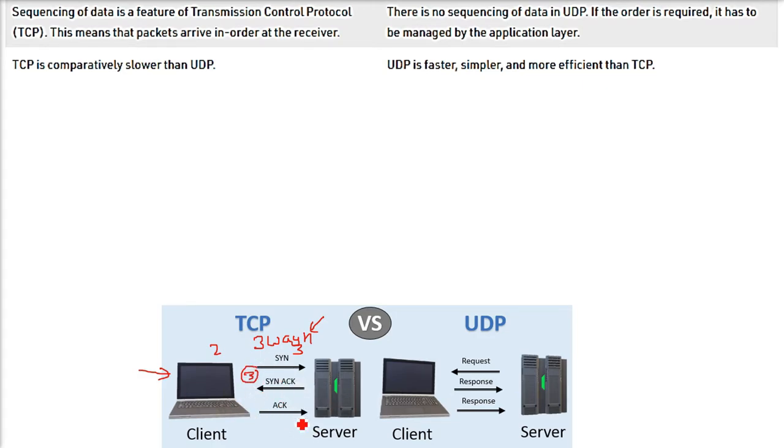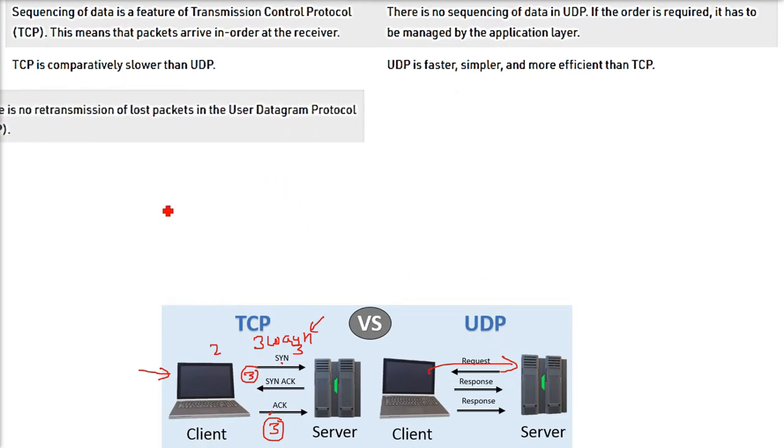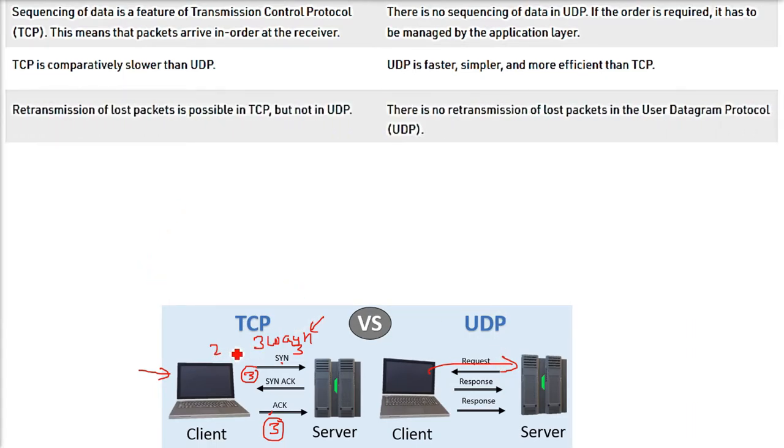That is why TCP is slower. Even if some packet is lost, it will want to retransmit it in TCP. That is why it is comparatively slower. But UDP doesn't care. It just sends it, and there is no retransmission. And the header is also small.